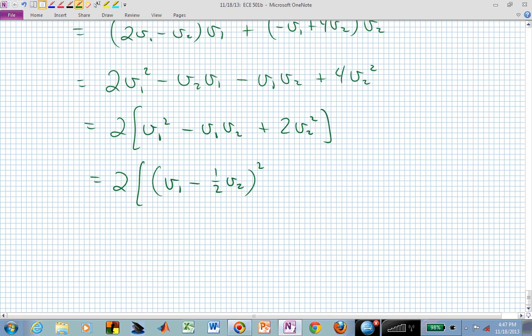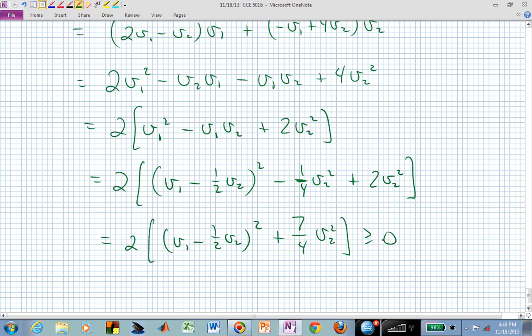And if I subtract that 1/4 v2 squared, I still have that 2 v sub 2 squared in the original description. So this is 2 times (v1 minus 1/2 v sub 2) squared plus 7/4 v sub 2 squared, which is greater than or equal to 0.